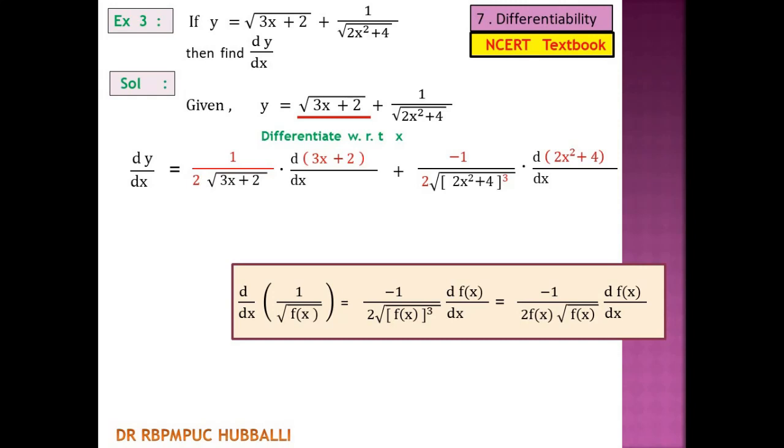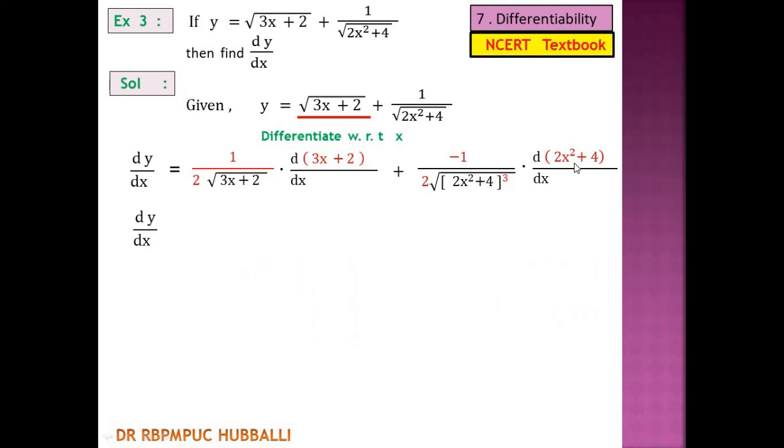I hope you got it. This function's derivative is written as minus half root, taking a cube for the inside function, and d by dx of the inside function. So in the next step, writing the derivative for these two terms.